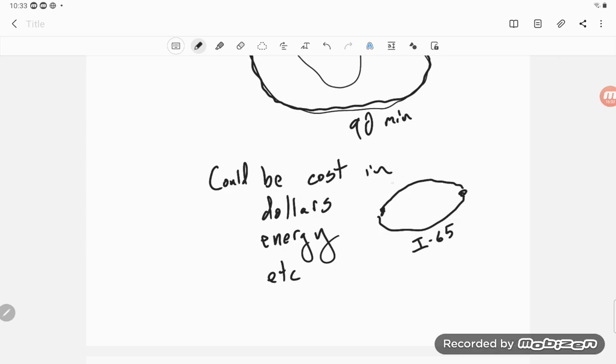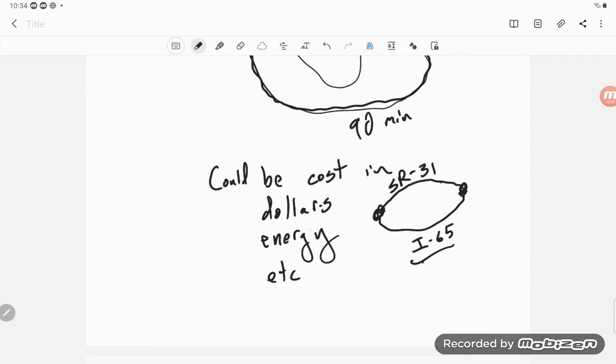But here is maybe State Route 31, I think, is over by I-65. And I'm going from one to the other. Well, because of the different speed limits and so forth, these two distances could be the same or almost the same or something like that. But if you look at time, I-65 is probably quicker in terms of time.